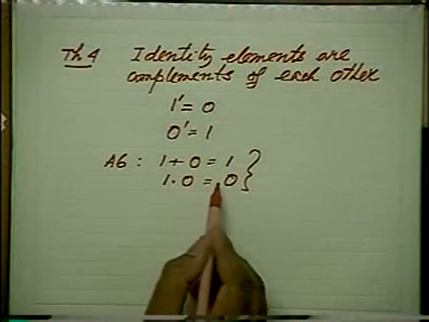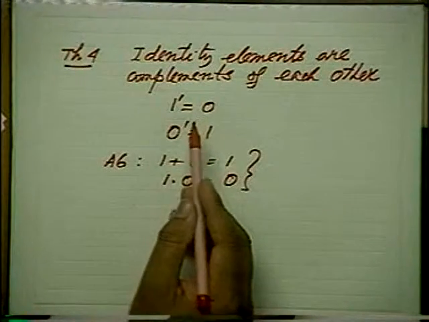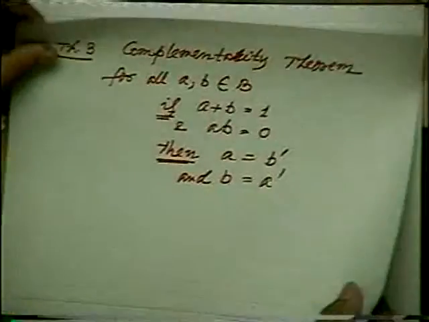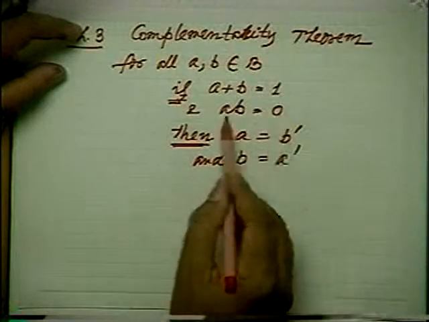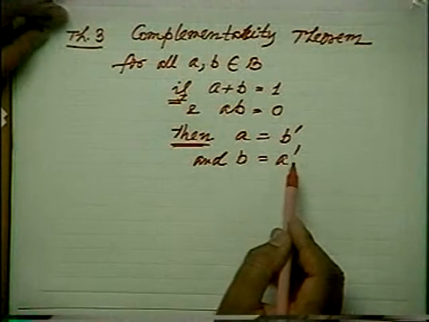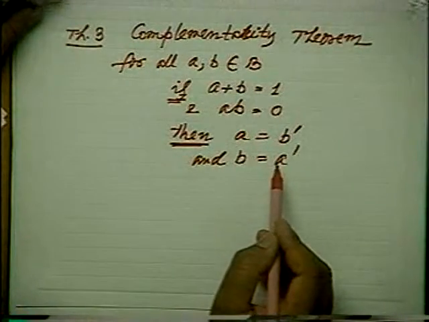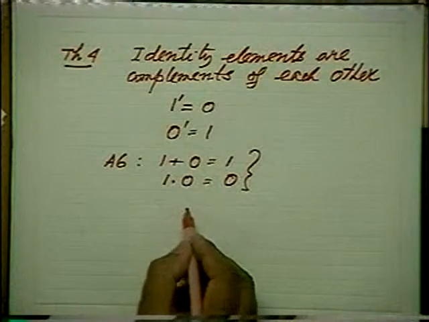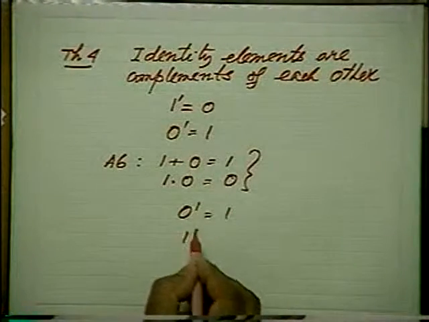And if this is so, then by the previous theorem, that means by theorem 3, that if A plus B equal to 1 and AB equal to 0, then A equal to B dashed and B equal to A dashed, that theorem already exists. From there I can immediately say that 0 dashed is equal to 1 and 1 dashed is equal to 0.